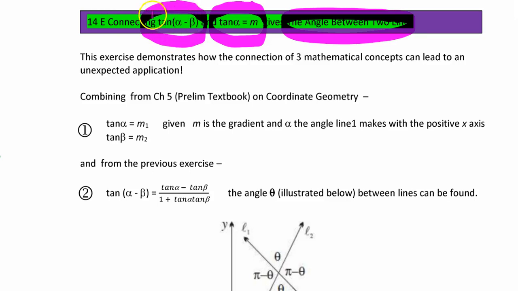So we've got this concept of an expansion for the tan of the difference between two angles. We've got the concept that the gradient of a line is tan of the angle that the line makes with the positive x-axis. And we've got a formula coming out of all of this which enables us to get the angle between two lines.